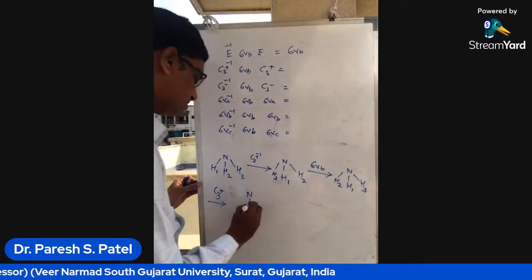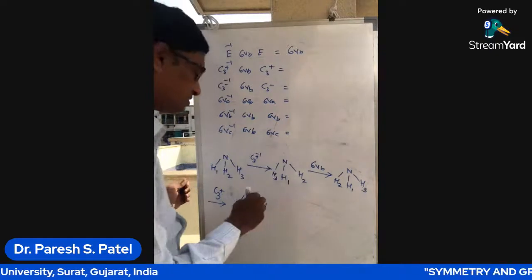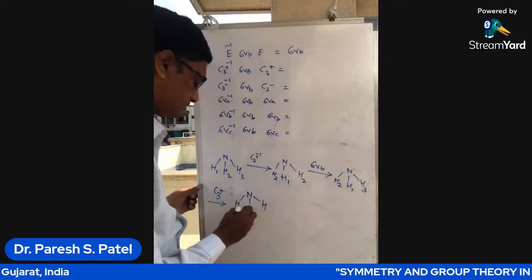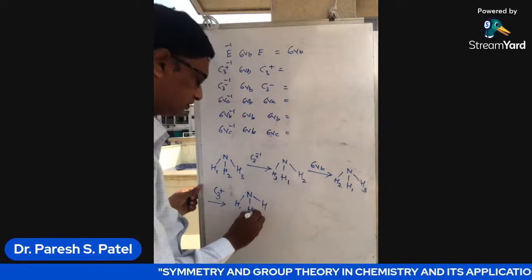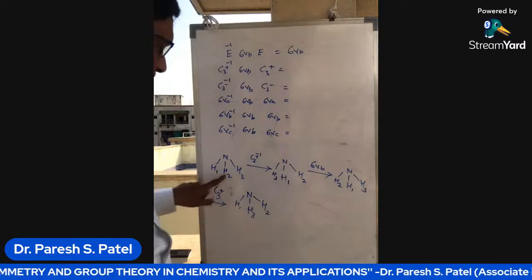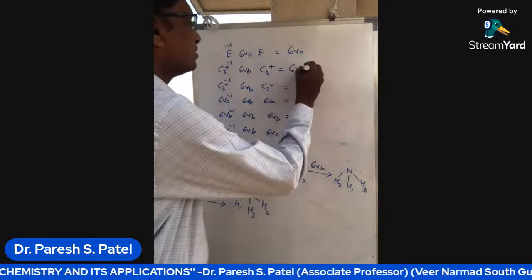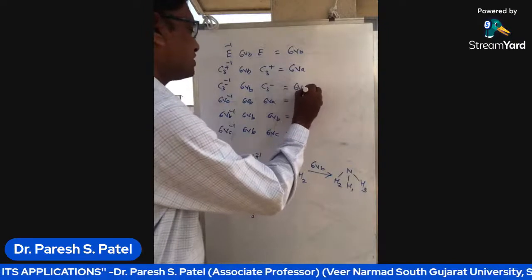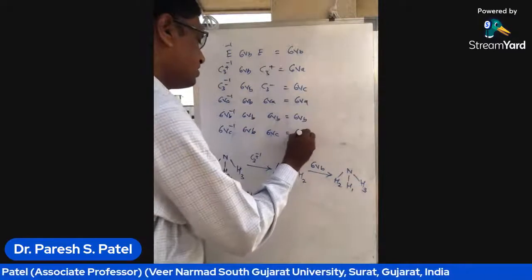Again C3 plus. C3 plus means 1, 3 and 2. Now compare this and this. This is nothing but the sigma Va. So it should be sigma Vc, sigma Va, sigma Vb, and sigma Vc.